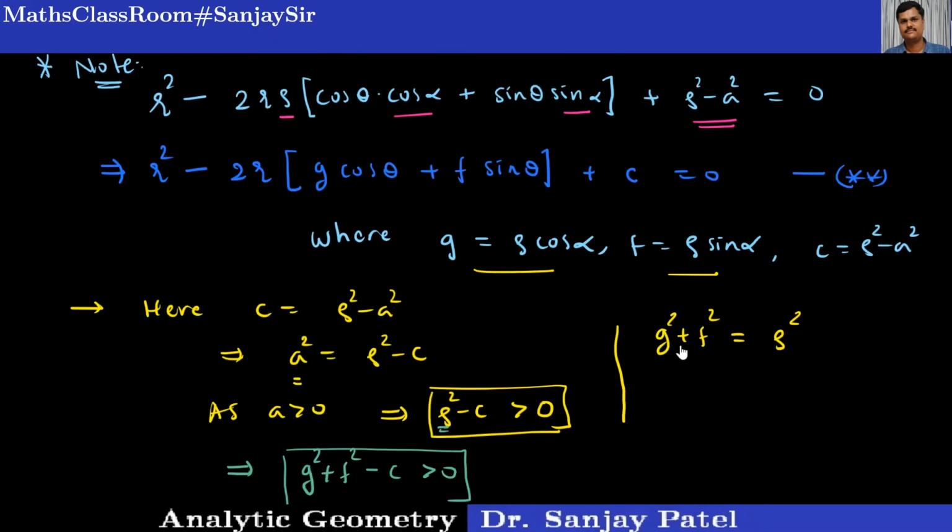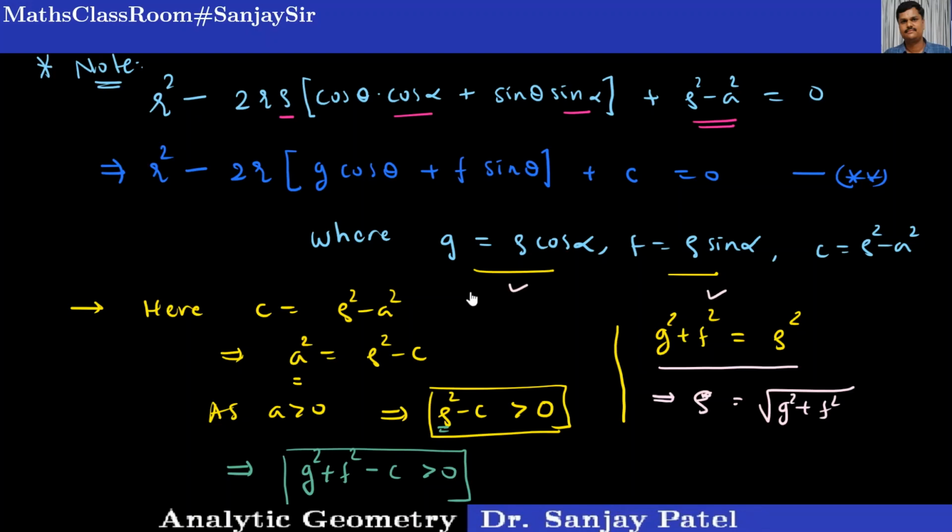I can use this equation to find the value of rho. So this gives me rho is equal to square root of g square plus f square. So that is one thing. And to find the value of alpha, just observe these two equations which are underlined, this and this.